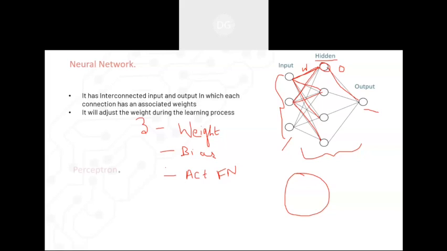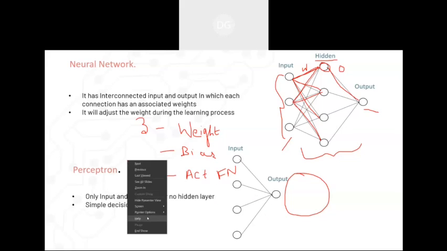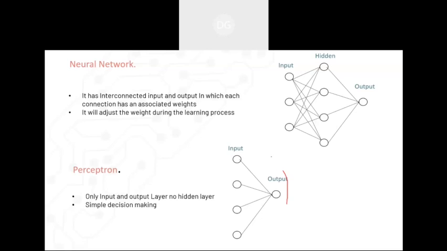Then we have the perceptron. If we don't have any hidden layer, and only have input and output, then we call it a perceptron. It is used for making simple decisions. If you are trying to classify and you don't have any hidden layer, only input and output, we call it a simple neural network.